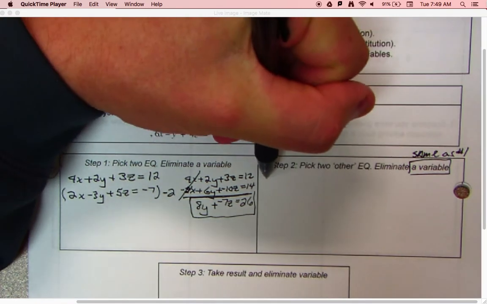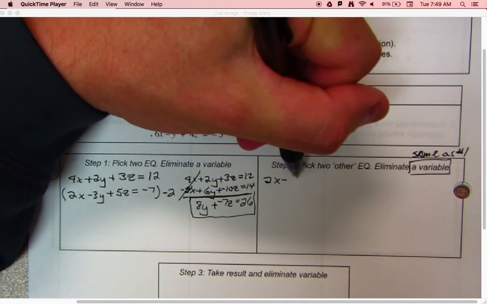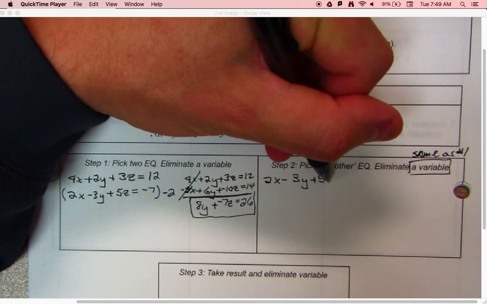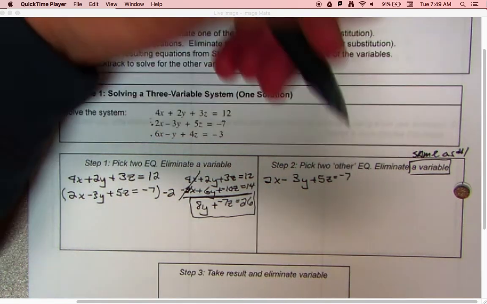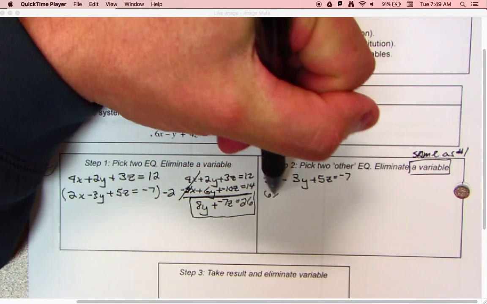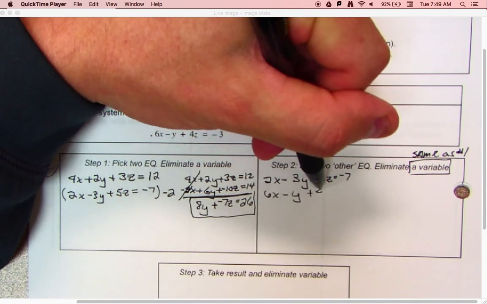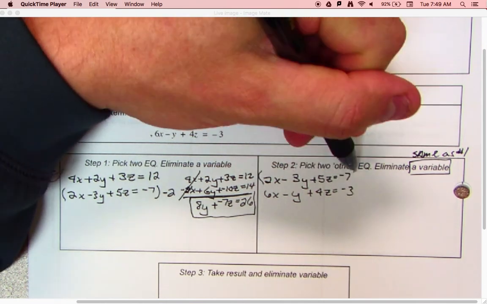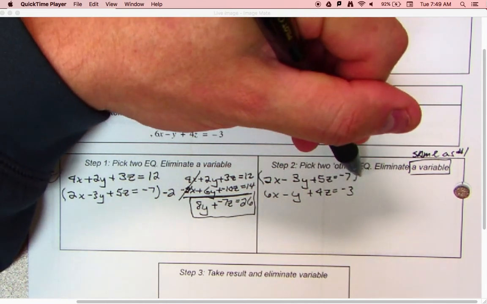So I'm going to have 2x, just rewriting them, minus 3y plus 5z equals negative 7. And I'm going to have 6x minus y plus 4z equals negative 3. And I'm going to take this one right here and I'm going to multiply it by negative 3.